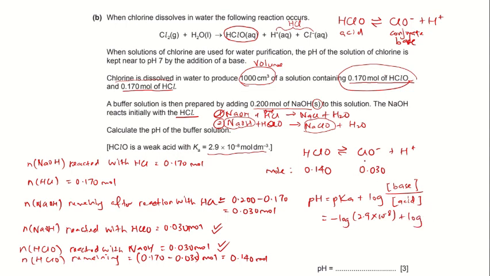Concentration of base is 0.03 mole divided by total volume. Concentration is number of mole divided by volume. And then concentration of acid will be 0.140 divided by the total volume. You can see that we can cancel out the volume actually. So you will be able to find the pH value of this buffer solution, which is 6.87.